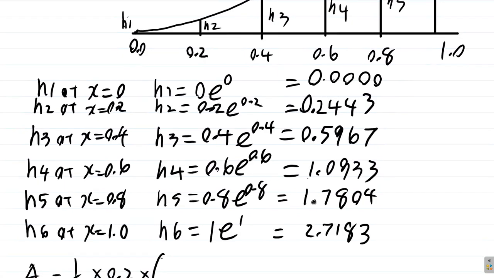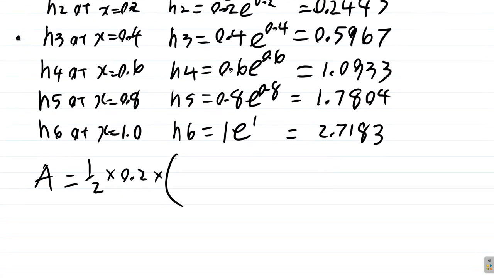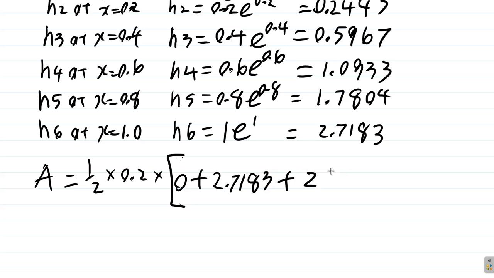So the first height is going to be 0, 0 plus the last height is 2.7183. 2.7183 plus, let me write this bracket as a square bracket because we're going to have a round bracket in there. It looks neater when I do that. Plus 2 times the others.